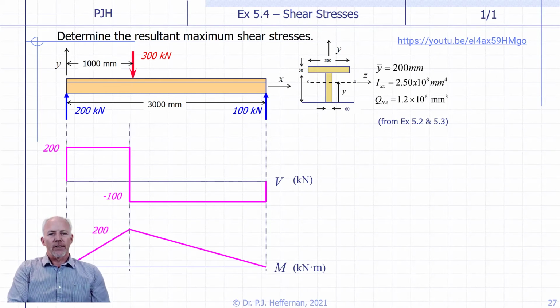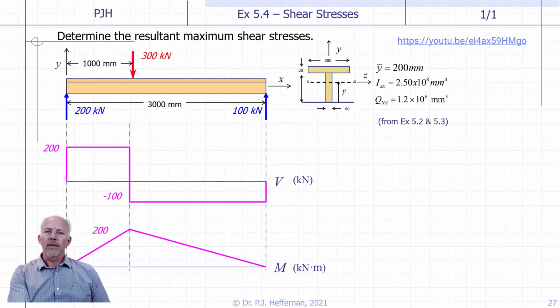So there's kind of a two-step problem in deciding where that maximum is going to occur. And so you know it has to occur, for the most part, where V is a maximum. We go to our shear force diagram to figure out where V is a maximum. We see that it's a maximum somewhere between the support A on the left-hand side and the point load being applied. And so anywhere in there, it's going to be a maximum.